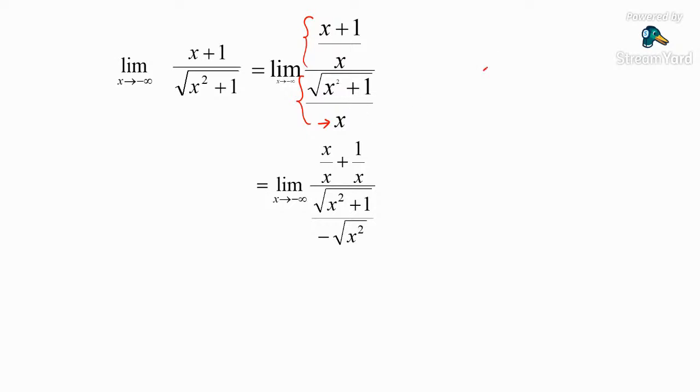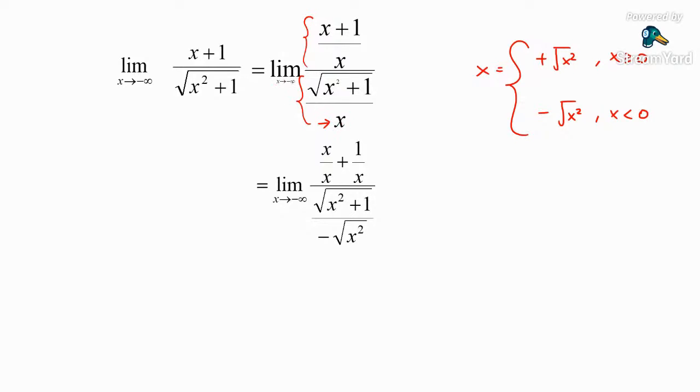Right, so x can be a positive number and x can be a negative number. So when it comes to the square root of x squared, it can mean two things. You can either have a positive square root of x squared or a negative square root of x squared. The positive is for x greater than or equal to 0 and the negative is for x less than 0.